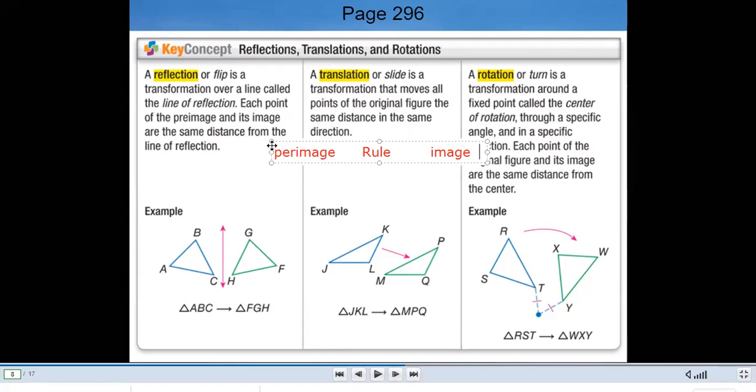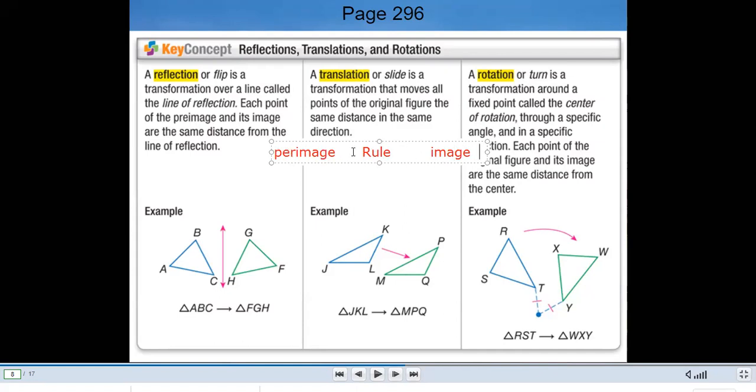If you want to answer algebraically, not by graphing, then for a translation we check the pre-image, the rule, and the image.